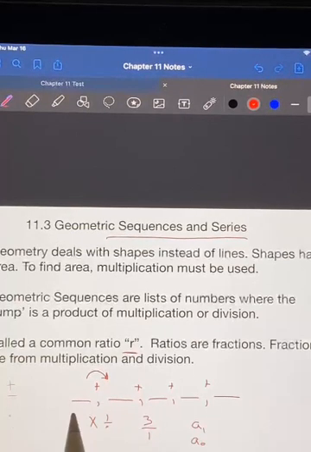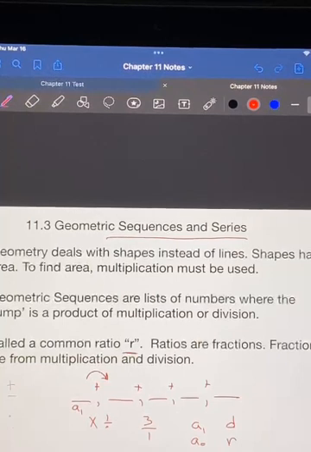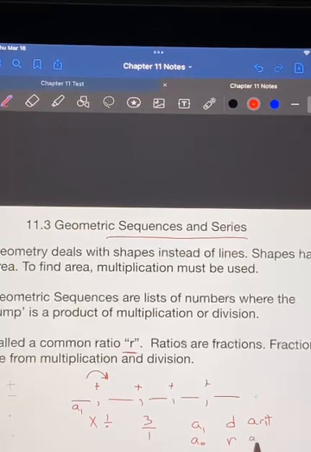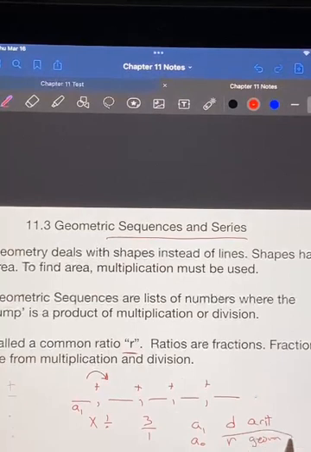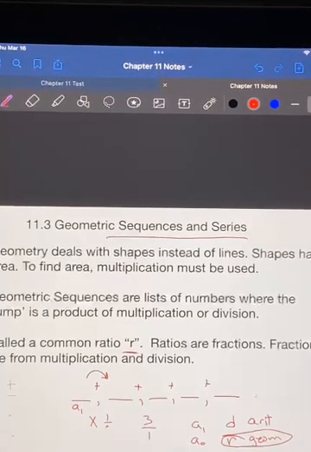When we have a sequence, we always start with A sub 1. So when we have that, it will address either a D value or an R value. If you see a D value, you immediately know that it's an arithmetic sequence. If you see an R value, you're going to know that it's going to be a geometric sequence. This R always goes with geometric.